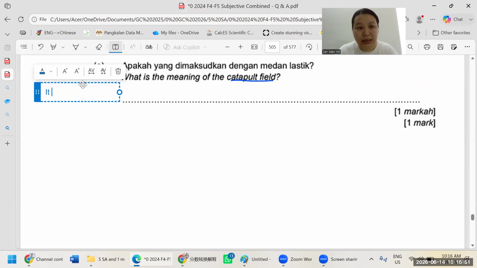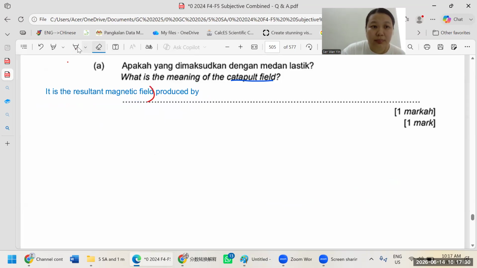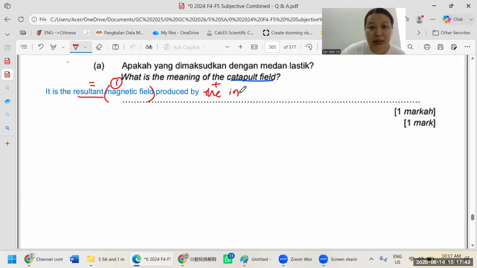We say that the catapult field is the resultant magnetic field produced by the first magnetic field, plus the second magnetic field, which means the interaction.